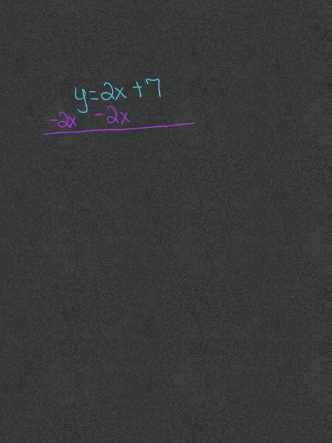So I'm going to say I have a negative 2x. That's a positive y, so I'm going to put plus y equals 2x minus 2x is 0. And then I'm going to bring down my positive 7. So those are how we get the more simple ones that are already in just slope-intercept form and put them in standard form.